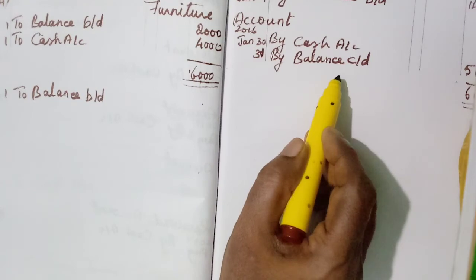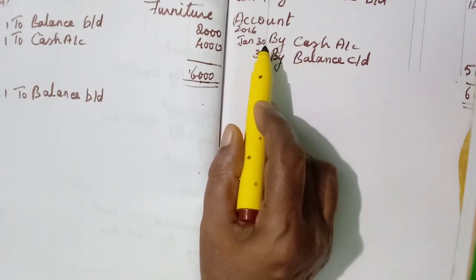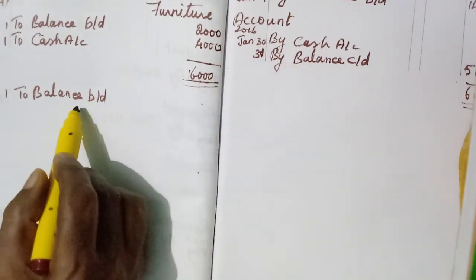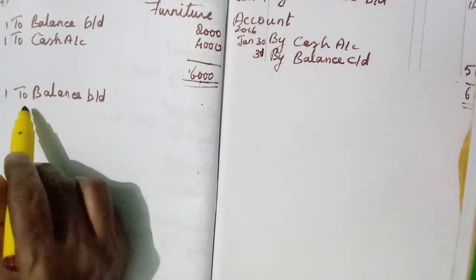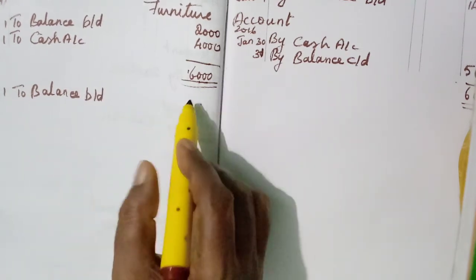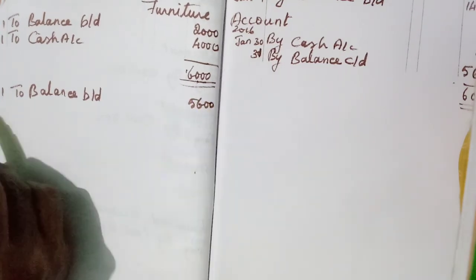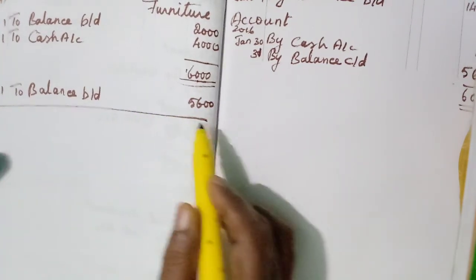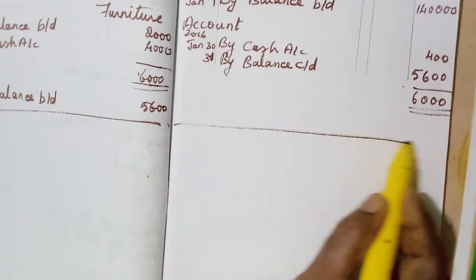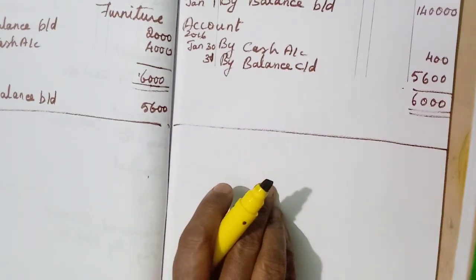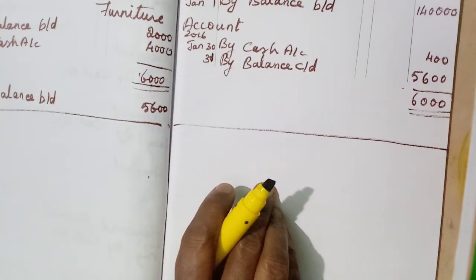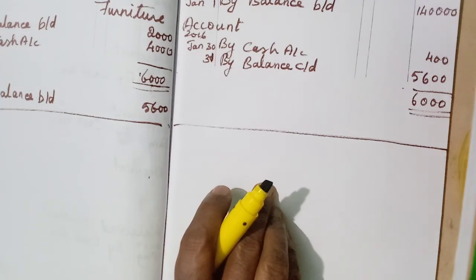Carry down means a closing balance, that January 31st. February 1, that is the opening balance. So to balance brought down 5,600. Okay, this is one problem. Usually they will ask like this. Okay, any one account.